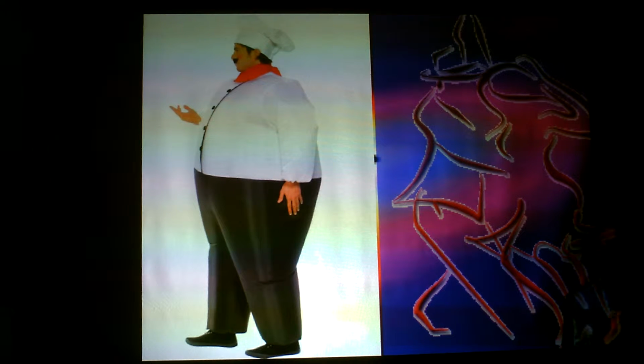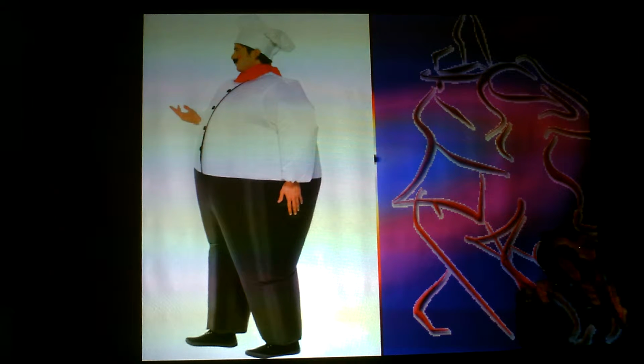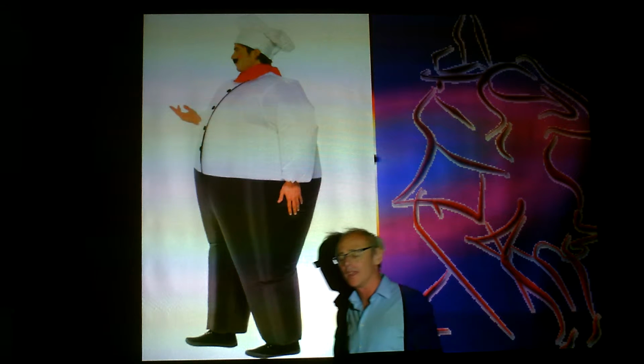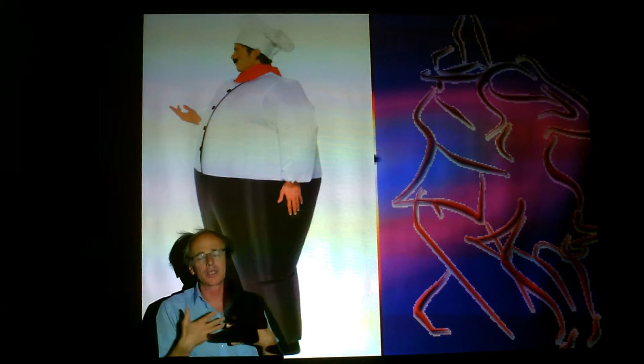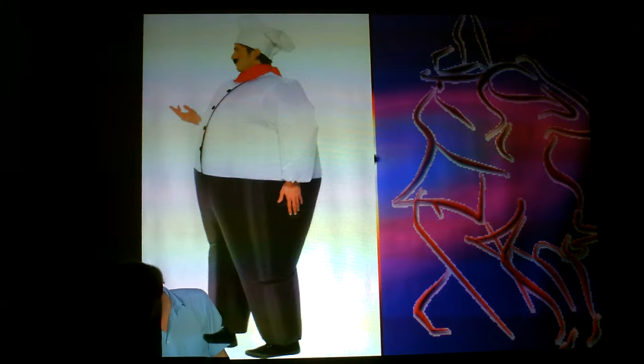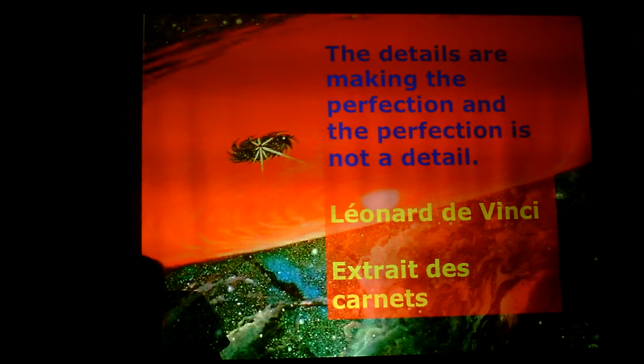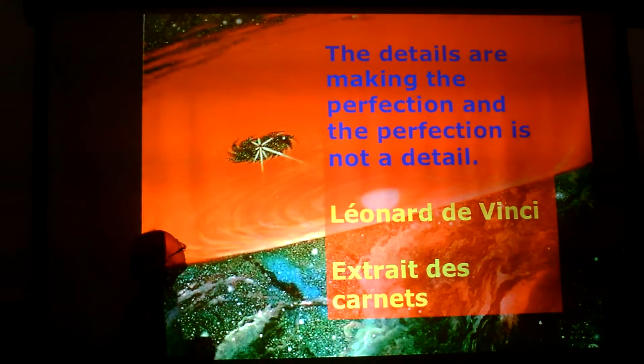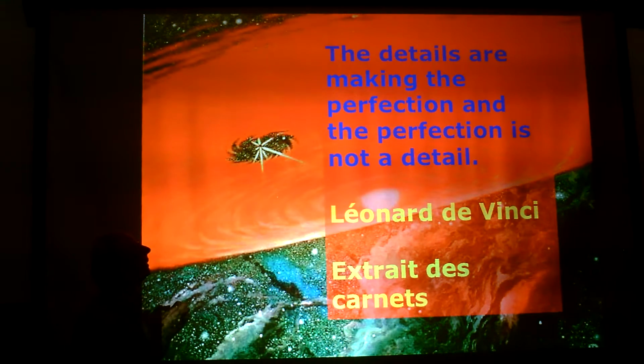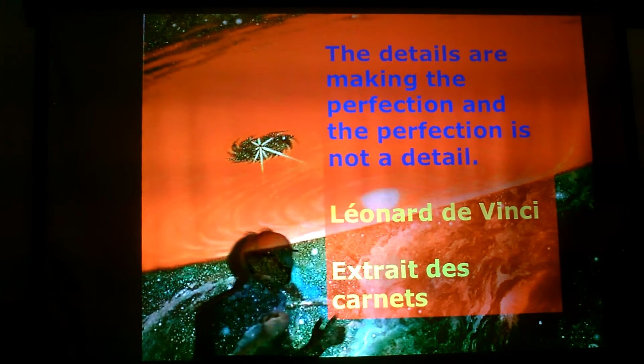But both metallicity and rotation make a huge difference in the way the stars evolve. There are details which have impact. And I would like to share with you this sentence by Leonardo da Vinci: the details make the perfection, and perfection, of course, is not a detail. So, thank you for your attention.